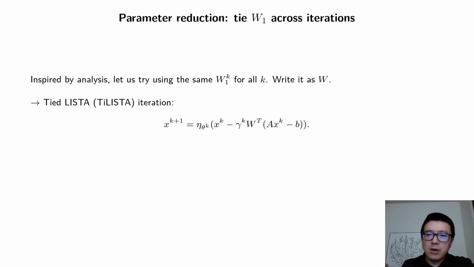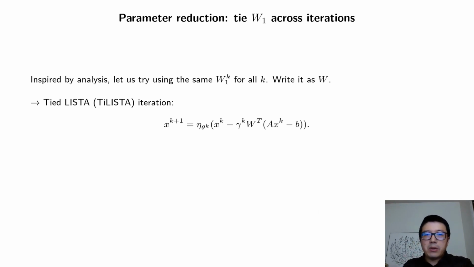We realized there's no reason to make W vary at different iterations. It seems one W should work. Therefore, we tried to tie all the Wk together, so we just call it W. So instead of a W^k that depends on k, now there's just one W.